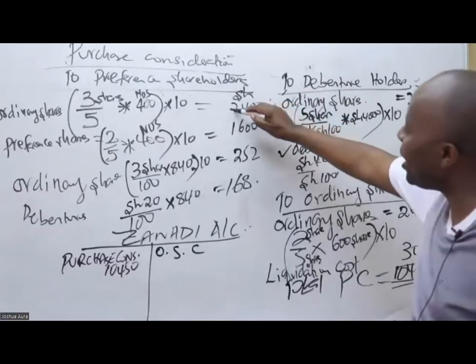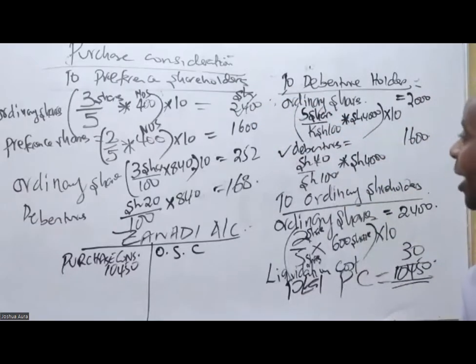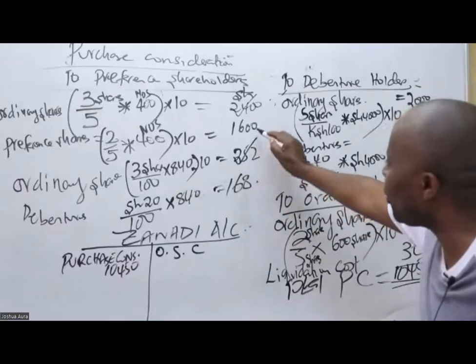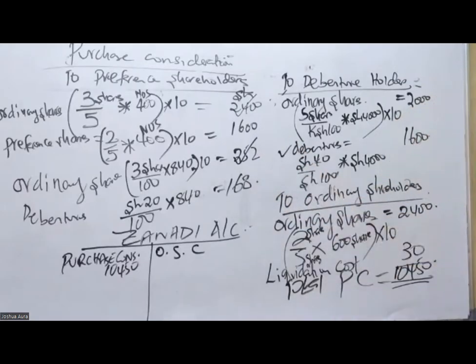I can see ordinary share capital here 2,400, here 252, here 2,000, and here 2,400. You add them up, all of them.